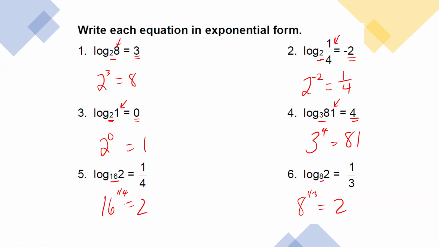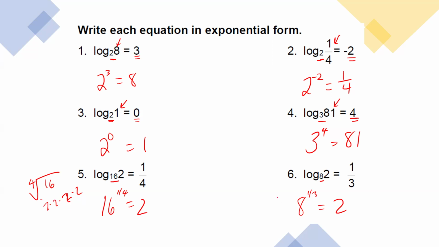When you have a fractional power, what that means is that you're taking the root that number of times. So I'm looking for the 4th root of 16, meaning what number times itself 4 times equals 16? Well, that would be 2 times 2 times 2 times 2, right? So that's why the fourth root of 16 is 2.